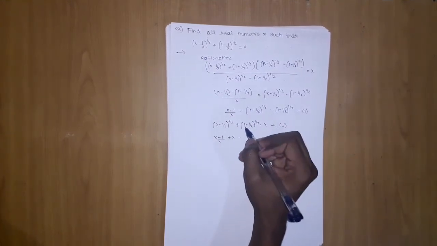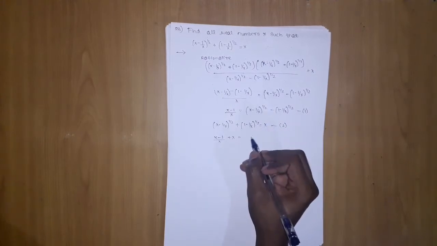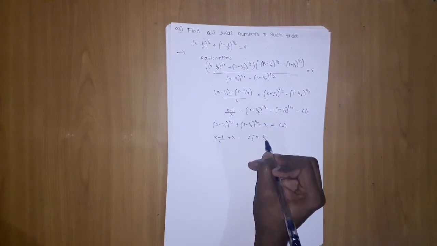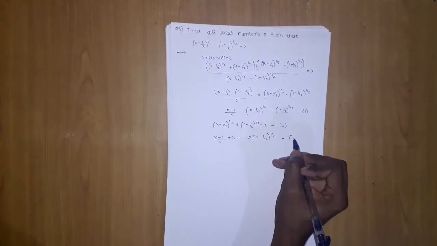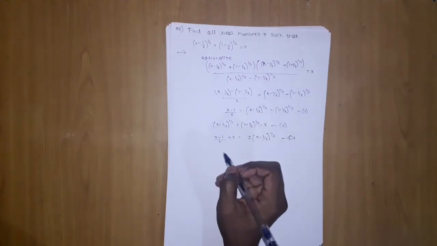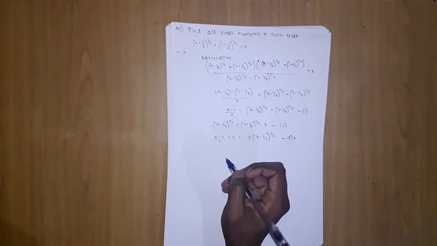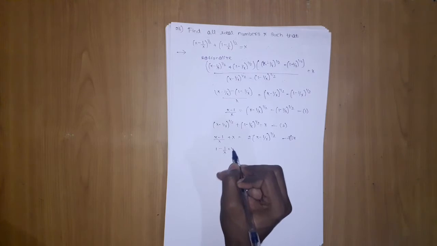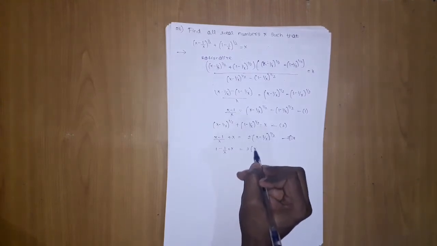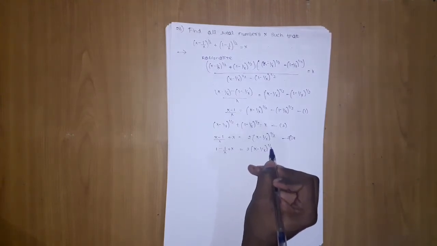These two terms will cancel out. What we will get is 2 times (x minus 1 upon x) the whole power 1 by 2. Okay, this is the thing which we will get. Let us see how we can proceed further. Here it will become 1 by x plus x equal to 2 into (x minus 1 upon x) power 1 by 2.